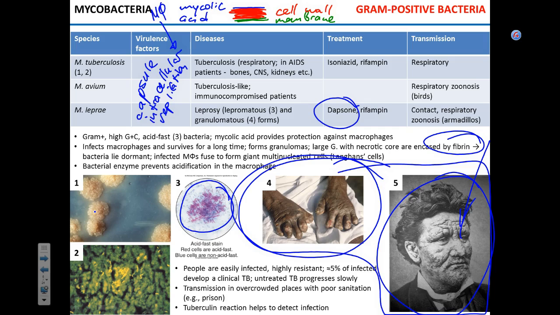Now, tuberculosis. It is really contagious, okay, but it doesn't cause the disease in every case of infection, right? So only about 5% of people who are infected become really sick.